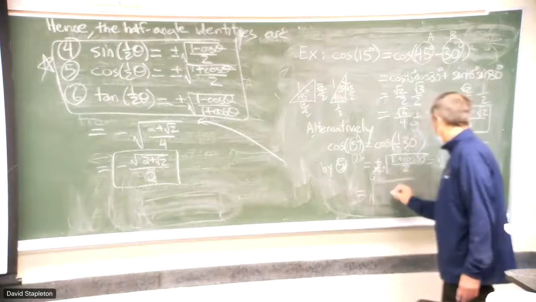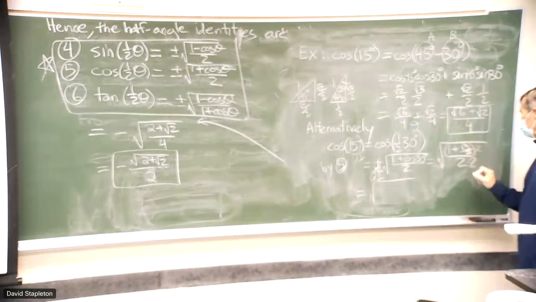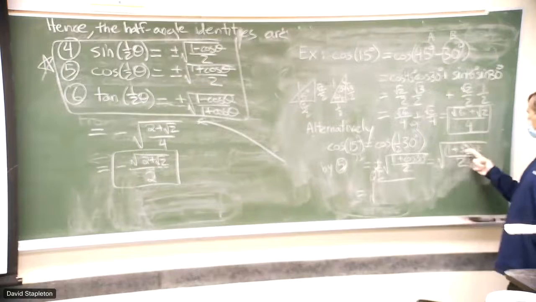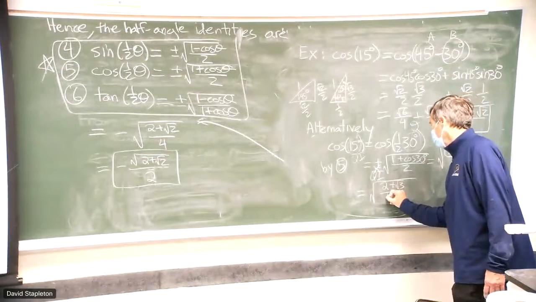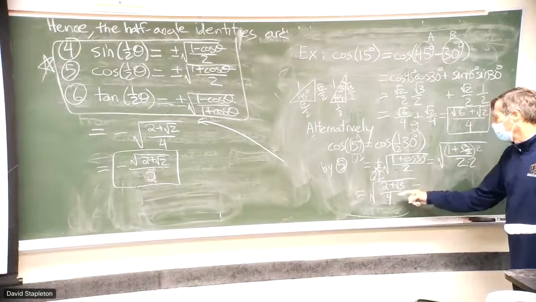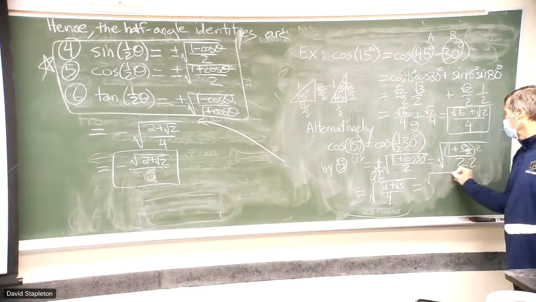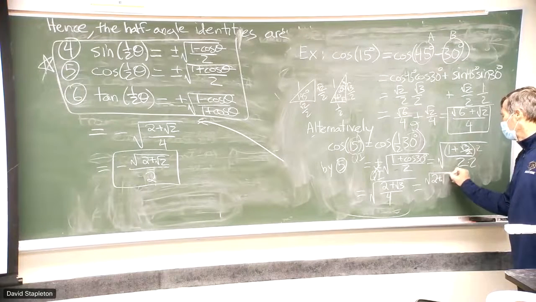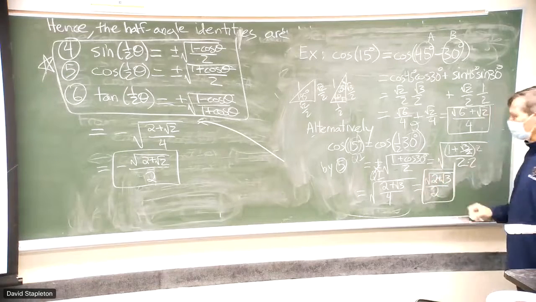If I take the whole top times 2 and the whole bottom times 2, then I've got 2 plus square root 3 on top, 4 on the bottom. And now, again, the square root of the quotient is the quotient of the square roots. So there's the square root of 2 plus square root 3, all over the square root of 4, which is 2. And there's the answer.